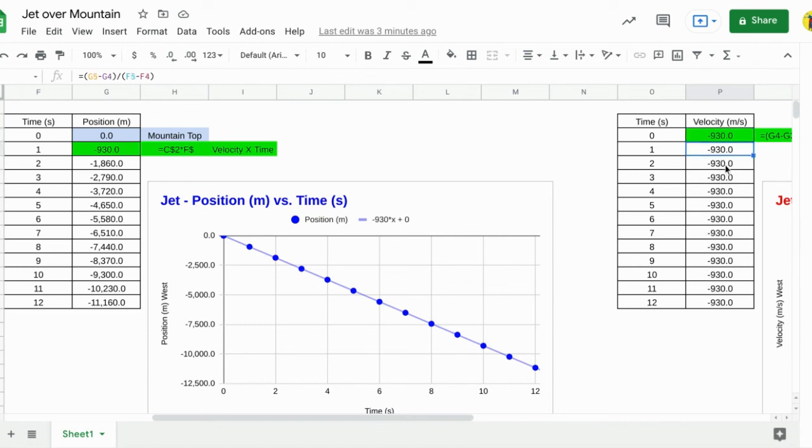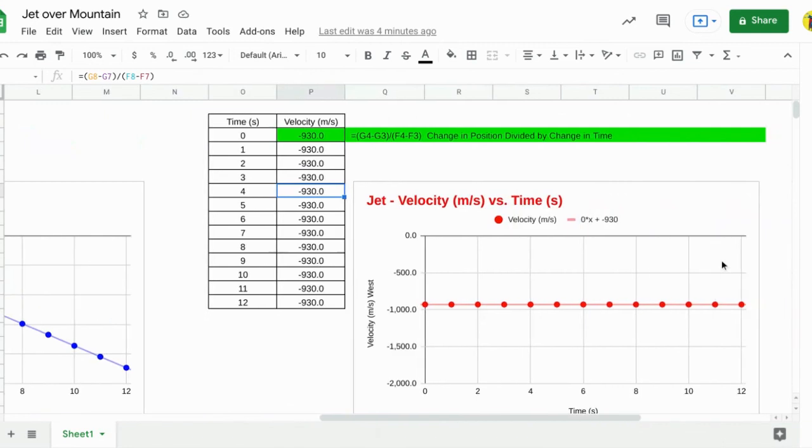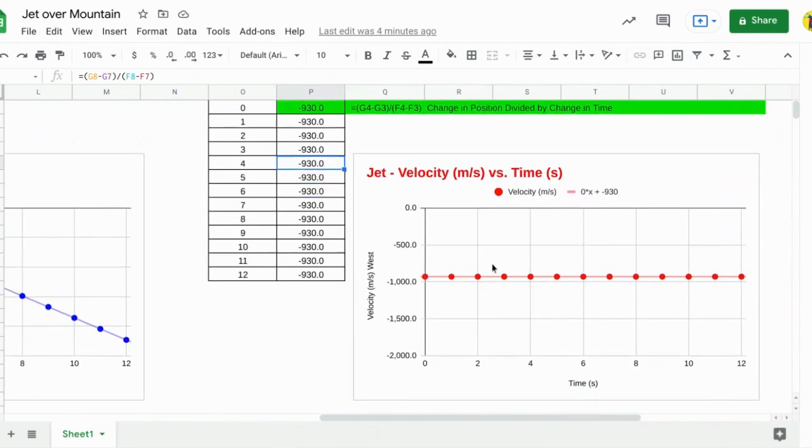And then it's going to repeat that for all the values. In this case, we're always going to get 930 because we know it's a constant velocity. But if this graph over here had a curve and there were changes in velocity, then it would show a change in velocity in my table. Now, the graph should just be a nice straight line, horizontal, flat at that value, which is negative 930. And that's what we got.